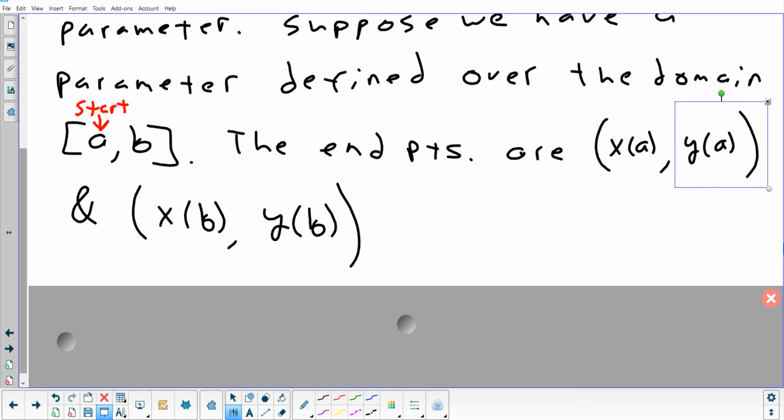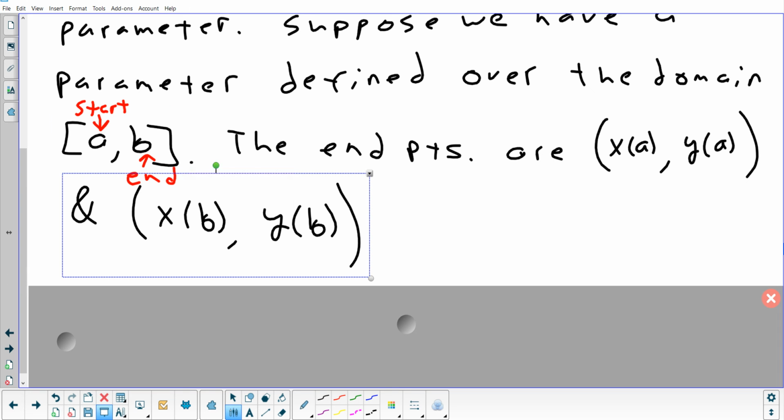So in our case, the end value, I didn't call it 8, I just called it b. Plug b into the x formula, and plug b into the y formula. Now, this doesn't tell you very much about what the graph looks like. It gives you a start, it gives you a stop. Maybe it's a straight line. Simplest case.